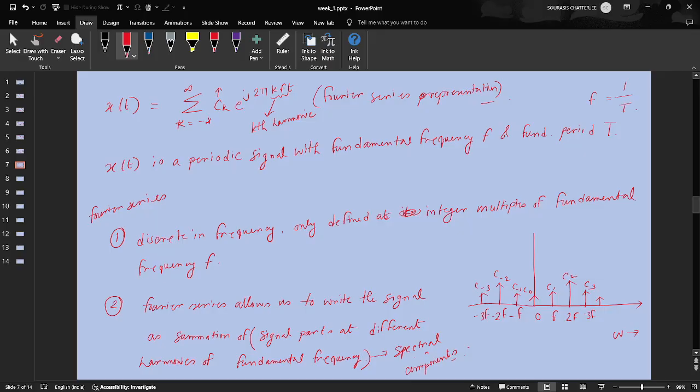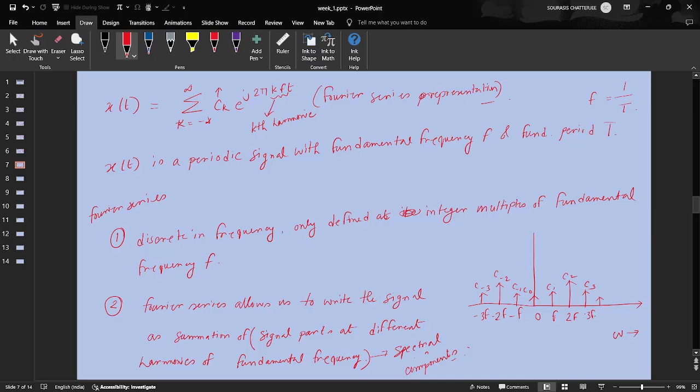Earlier we had just x(t), which is a function of time. The moment we go for its frequency domain representation, it shows x(t) as a summation of different spectral components. So we can see at what frequency x(t) has some non-zero value, and that corresponds to strength. We'll come to that a few problems later when we discuss Parseval's theorem, which allows us to express the power of x(t) in terms of the absolute value of these c_k, that is, the spectral components.